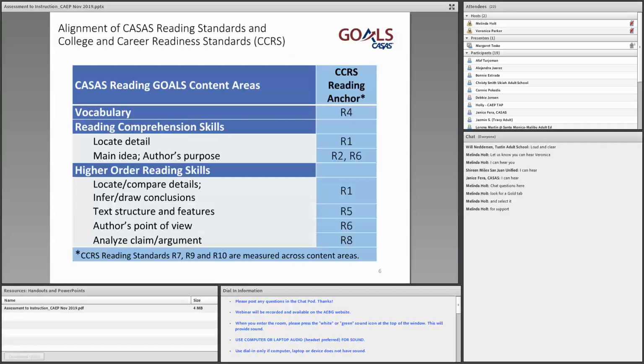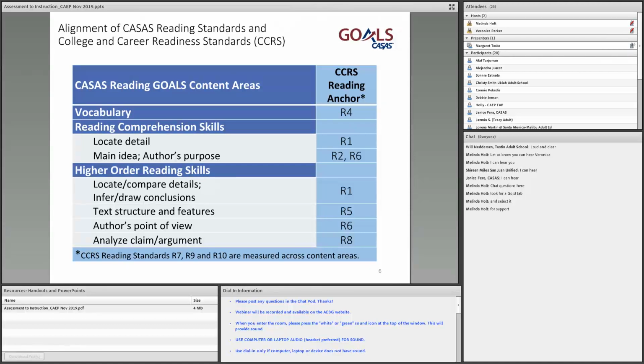This is a sample of an alignment between the CASAS Reading Standards and the CCRS, so you see that they work together. For instance, vocabulary is one of our content goal areas, and that matches up with the reading anchor R4.